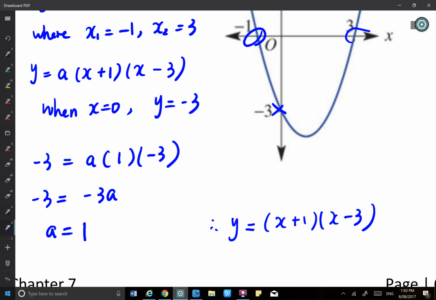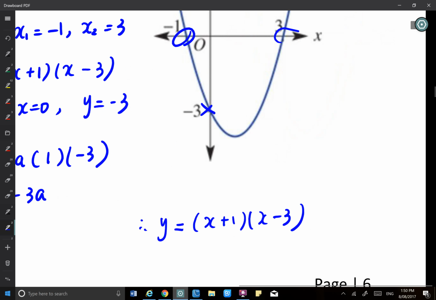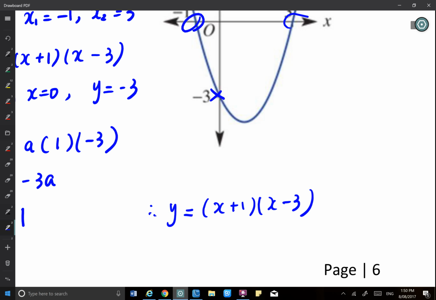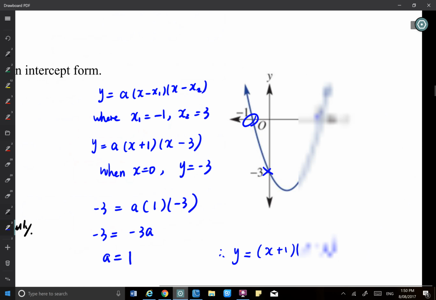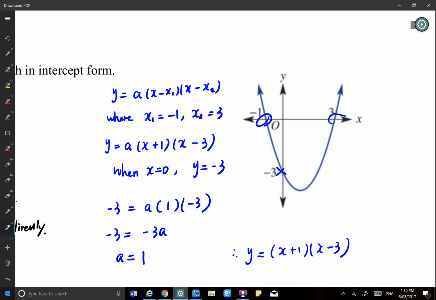We can't just directly write our answer without calculating a. a must be found through calculations. So a is 1 and we have the equation y = (x + 1)(x − 3). That's how we find equations when given the graph.